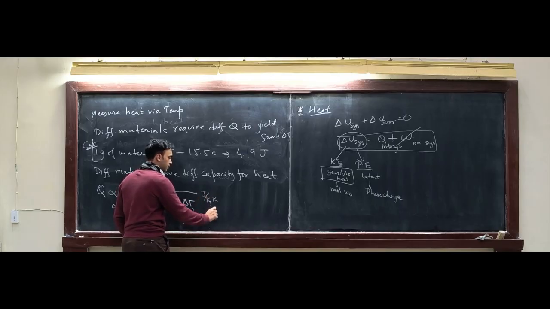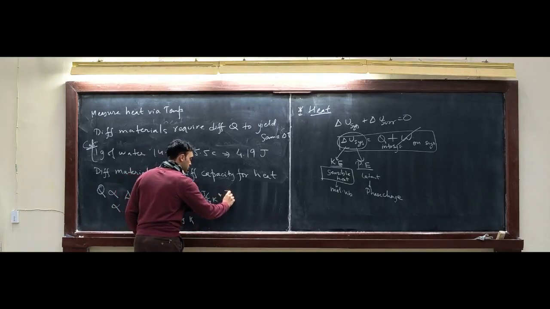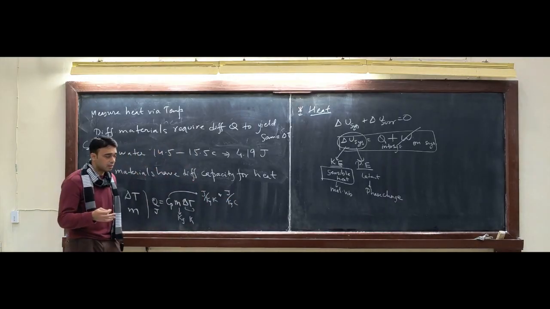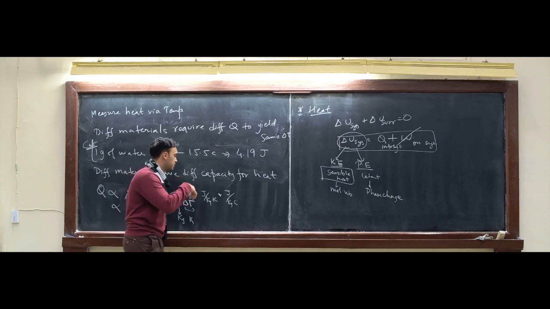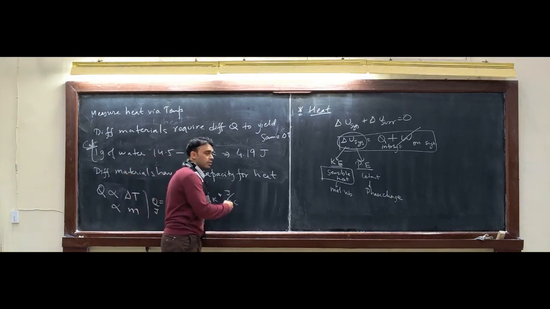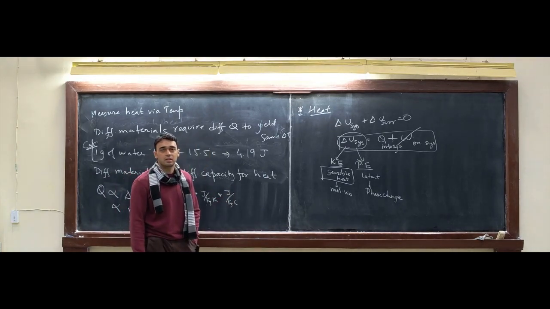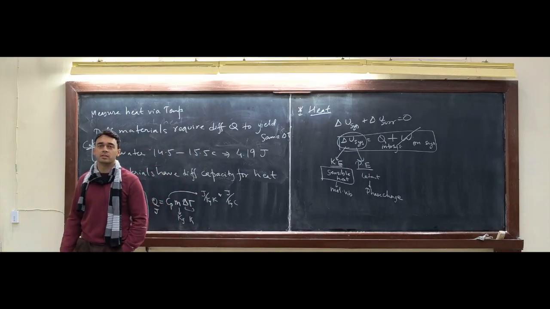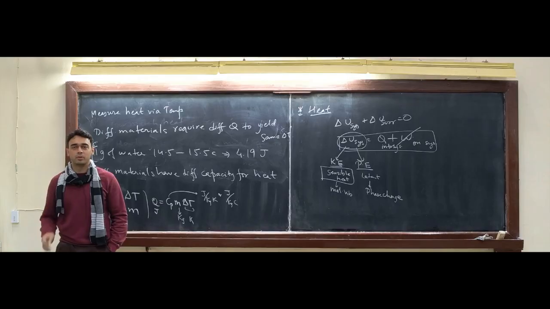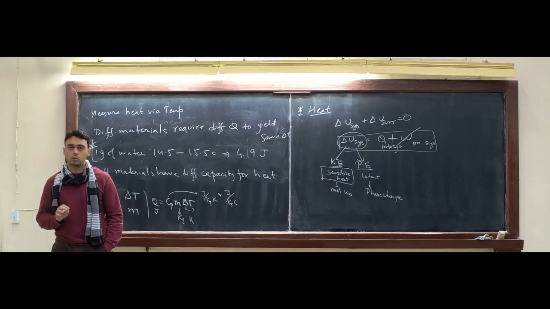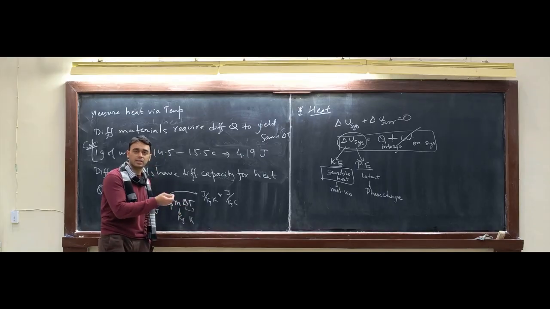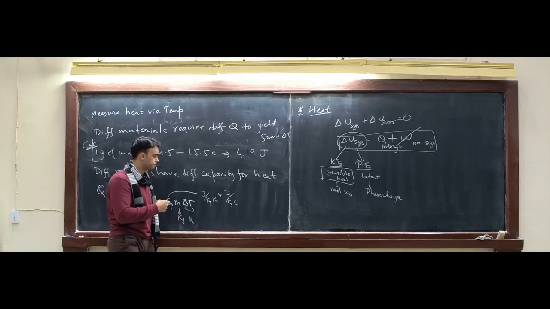Joule per kg Kelvin, or joule per kg Celsius. I've seen a few mistakes in the last year's batch where I gave this value in joule per kg Celsius and they converted by multiplying with 273 to convert it to Kelvin, because that's what they think is correct. So don't make that mistake, because delta T is what matters. Delta T in Kelvin and delta T in Celsius is the same.